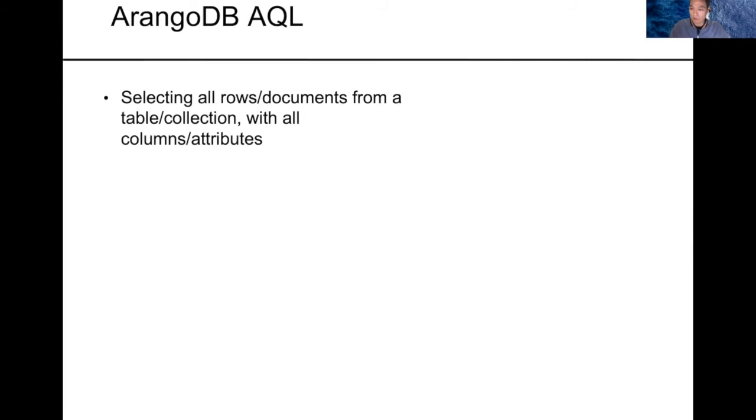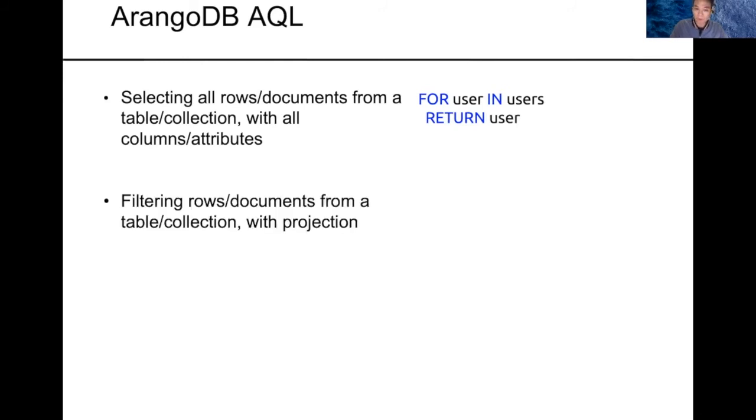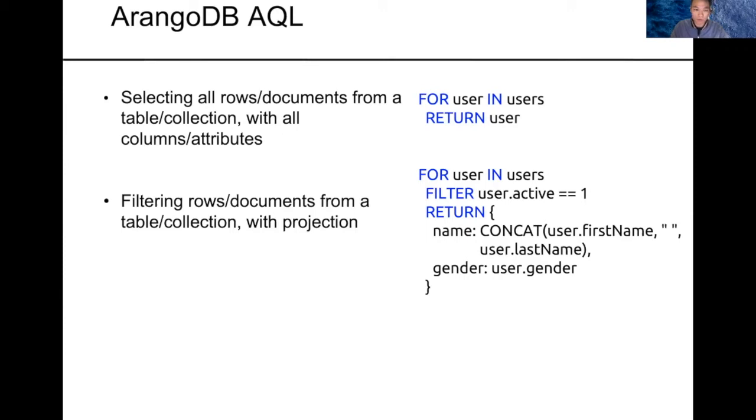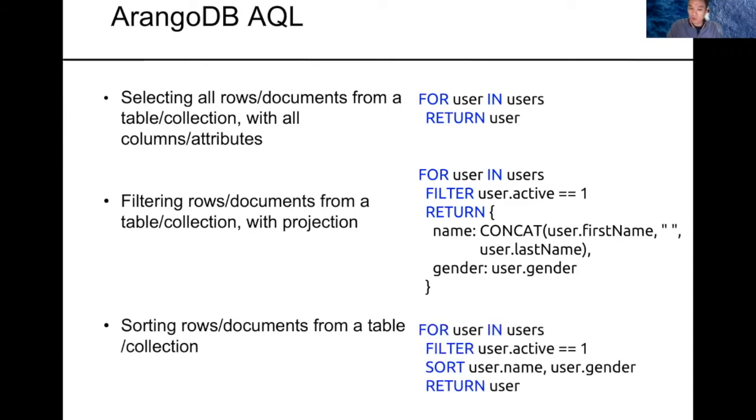In the first example, we are selecting all rows or documents from a table or collection with all columns and attributes. In the second example, we are filtering documents from a table or collection with projection. And in the last one, we are sorting rows or documents from a table or a collection.